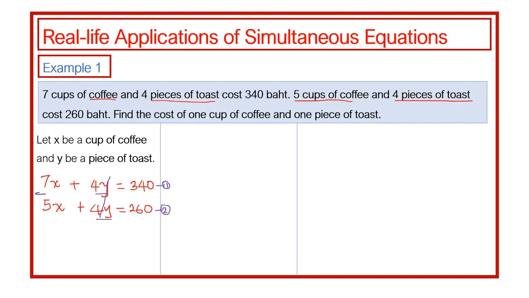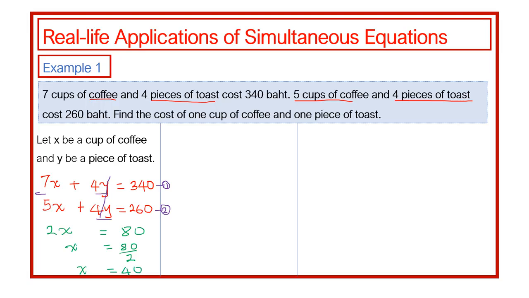Then 7x minus 5x equals 2x. Then 340 minus 260 equals 80. So x equals 80 divided by 2. So x equals 40.